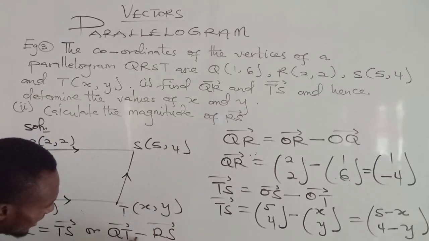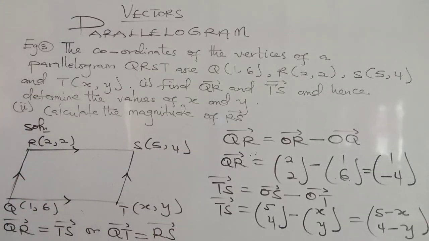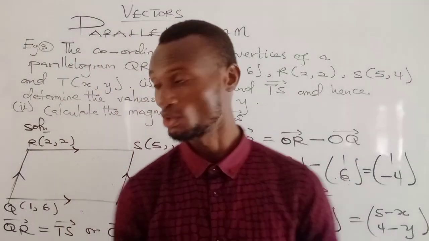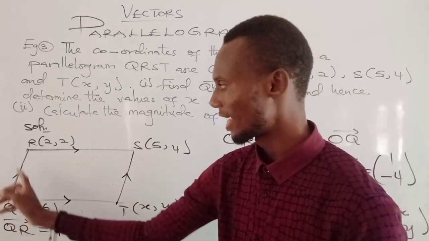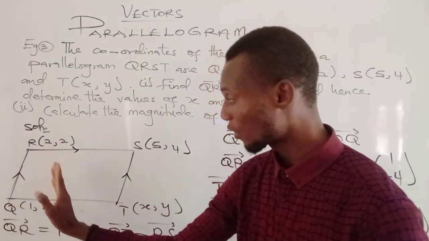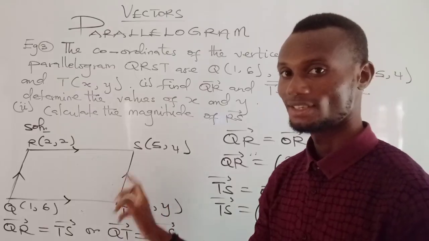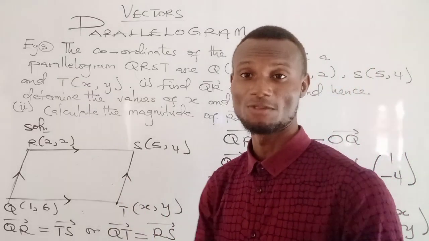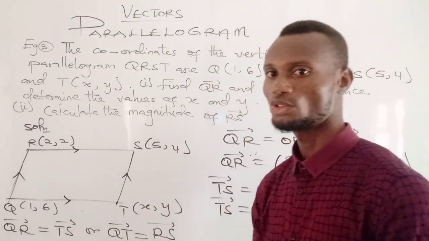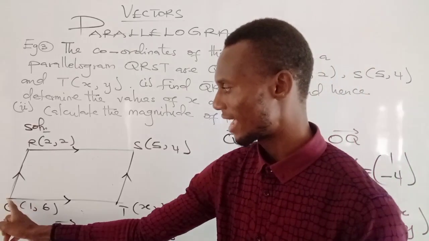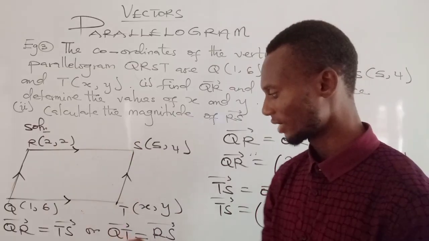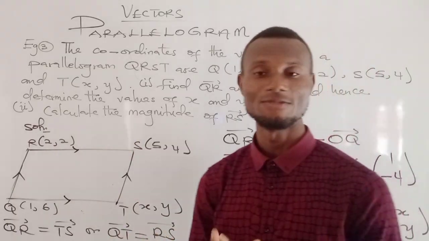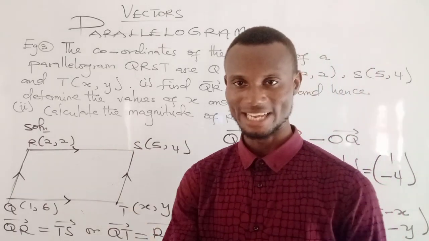I hope you understand and you agree with me up to this point. So this is what we are supposed to do. Either you follow that the vector QR is equal to the vector TS, then you use it to solve for the values of S and Y, or you can choose to say that the vector QT is equal to vector RS, which is this one. Any of it that you use, you will get the same answer.